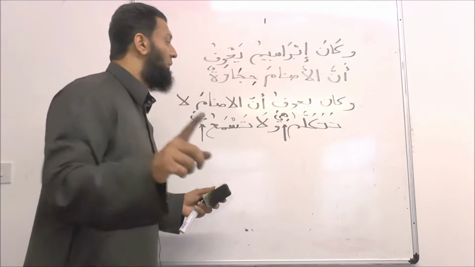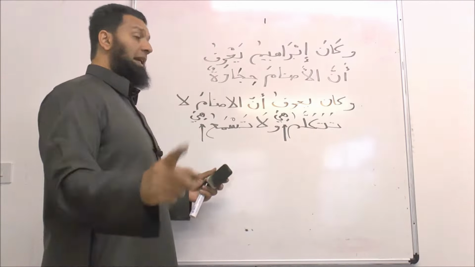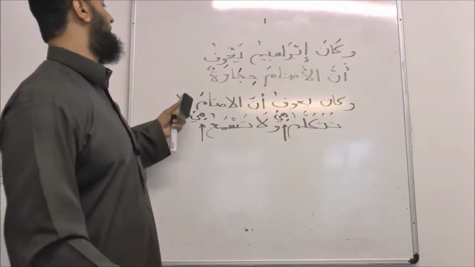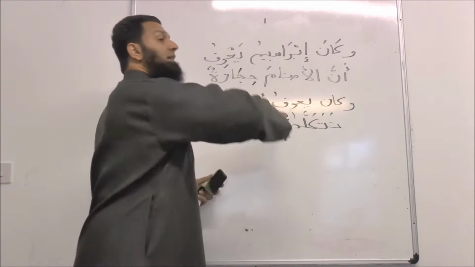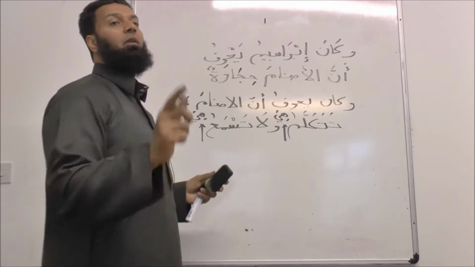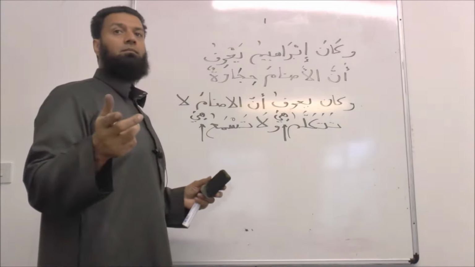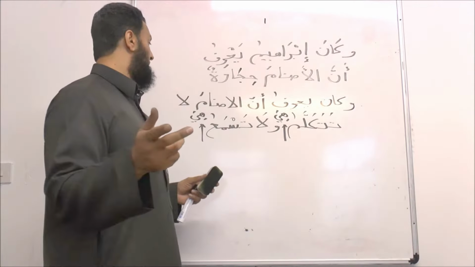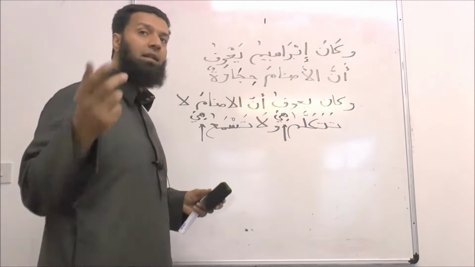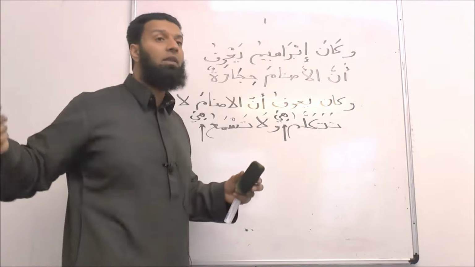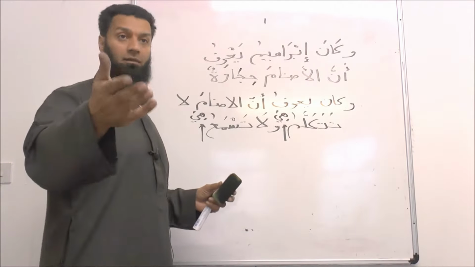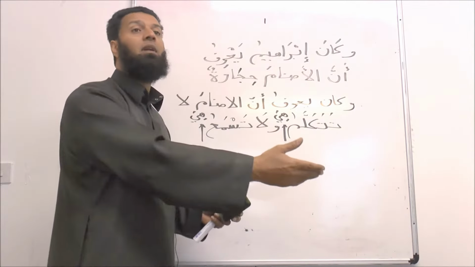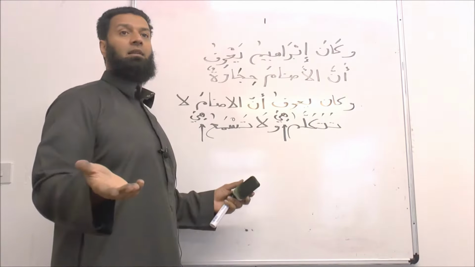So, if we were to say that the idols do not speak to the people, how would we say it in Arabic? It's not difficult, this. Al-Asnama la tatakallamu, with what? With ma'a, the people, an-nasi.